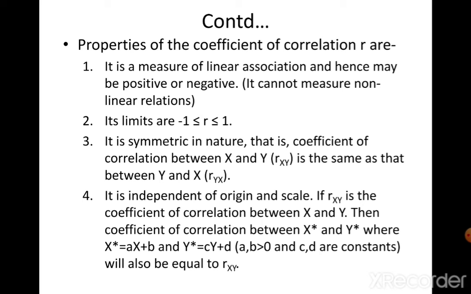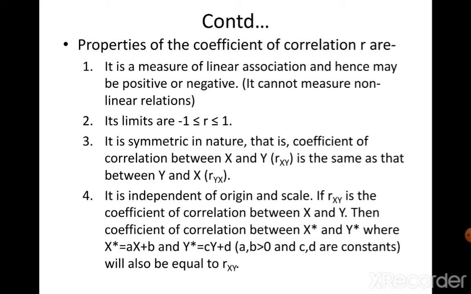But conceptually there are many more differences. Coefficient of correlation r is a measure of linear association between the two variables x and y. Because it is a measure of linear association, it can be positive or it may be negative. Its limits are different from r square. It varies from -1 to 1.